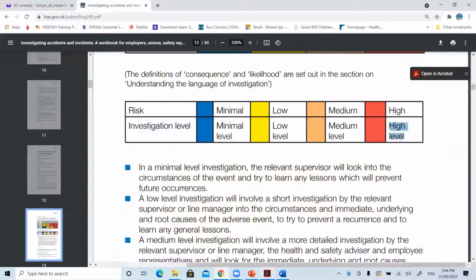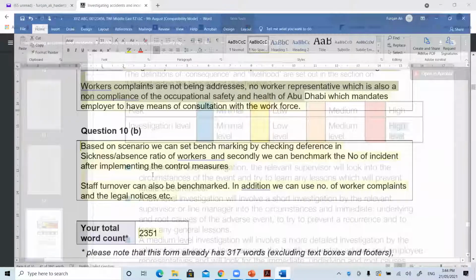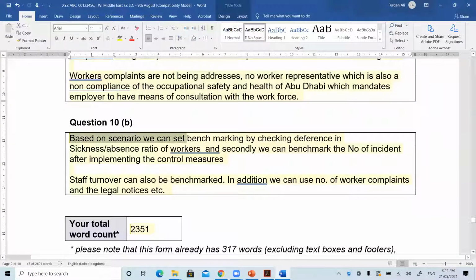And then finally, part B of question number 10. Based on the evidence from this scenario only, what sources of benchmarking information could be used? Okay, so based on the scenario, we can set benchmarking by checking the difference in the sickness absence ratio of the workers. Yes, because in the scenario it is mentioned that the sickness and absence rate is very high. If we use this information from the scenario, we can set it as a benchmark.